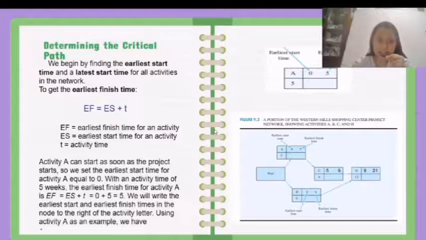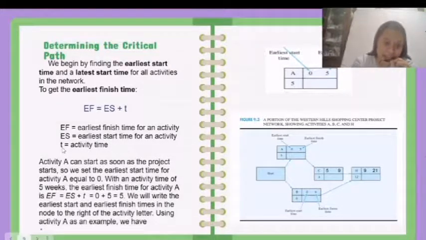Determining the critical path. We begin by finding the earliest start time and the latest start time for all activities in the network. To get the earliest finish time, we will use the formula EF = ES + T. Let EF be the earliest finish time for an activity, ES the earliest start time for an activity, and T the activity time.